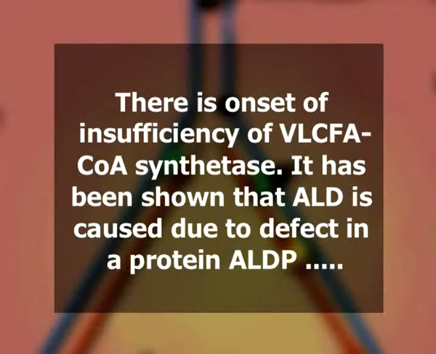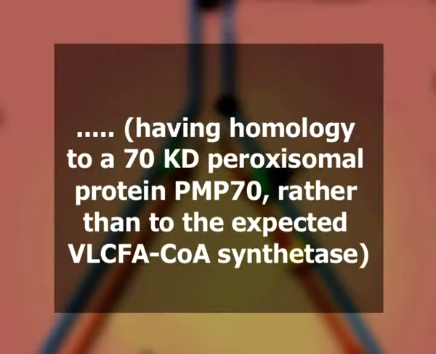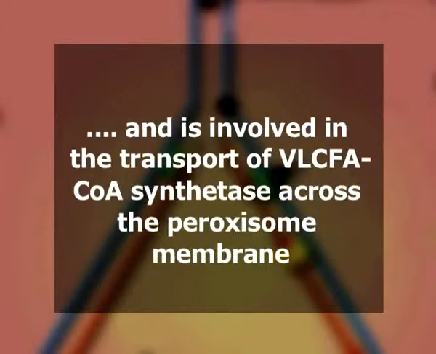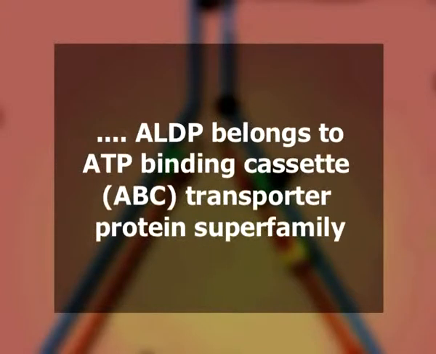It has been shown that ALD is caused due to defect in a protein ALDP having a homology to a 70 kD peroxisomal protein PMP70 rather than to the expected VLCFA coenzyme A synthetase, and is involved in the transport of VLCFA coenzyme A synthetase across the peroxisomal membrane. ALDP belongs to the ATP binding cassette ABC transporter protein superfamily.